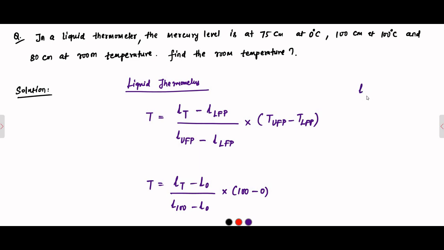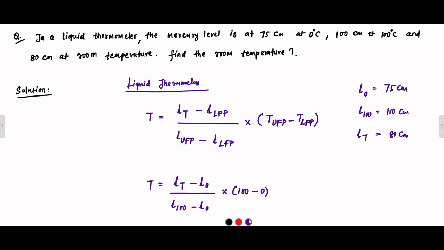The liquid level at 0 degrees Celsius is equal to 75 centimeters. The liquid level at 100 degrees Celsius is equal to 100 centimeters. And the liquid level at the specific temperature, which is the room temperature, is equal to 80 centimeters. We have to determine T.